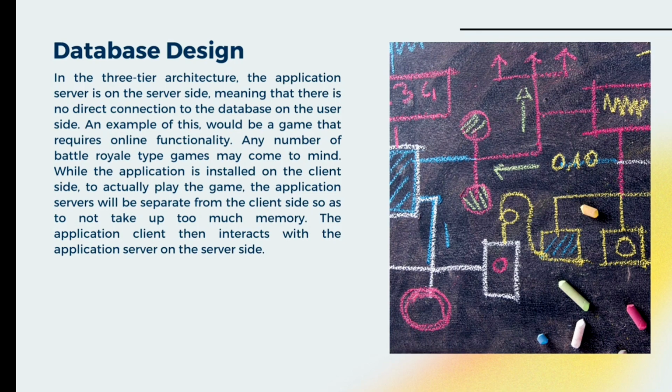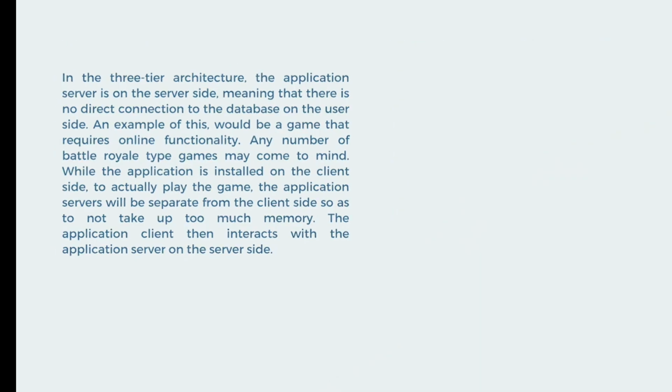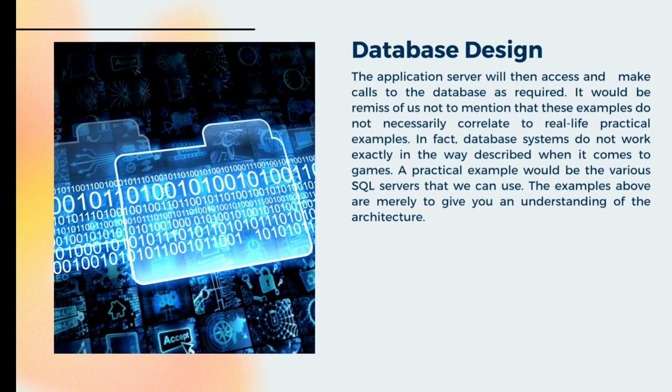While the application is installed on the client side, to actually play the game, the application servers will be separate from the client side so as to not take up too much memory. The application client then interacts with the application server on the server side. The application server will then access and make calls to the database as required.